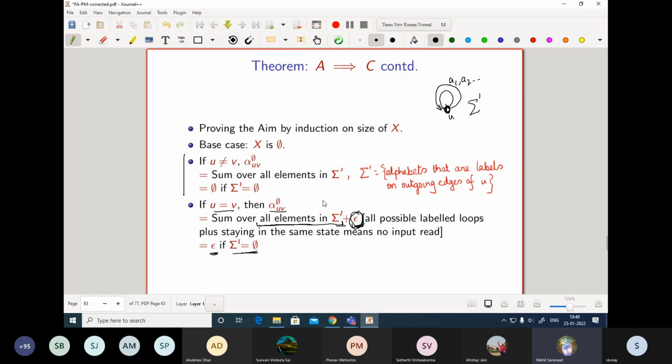Why does it not depend on V? Okay, hold on. Now it should be outgoing edges of U to V. Right.